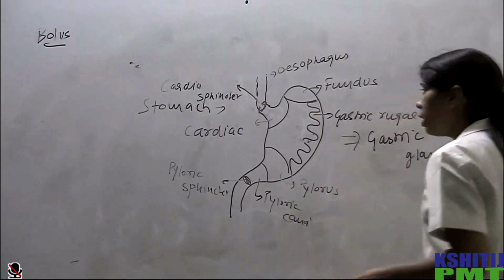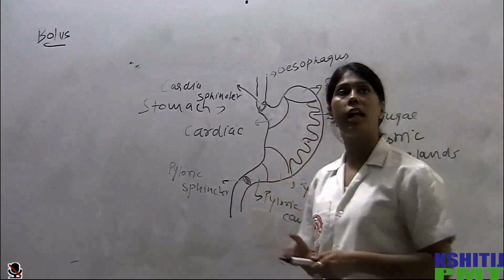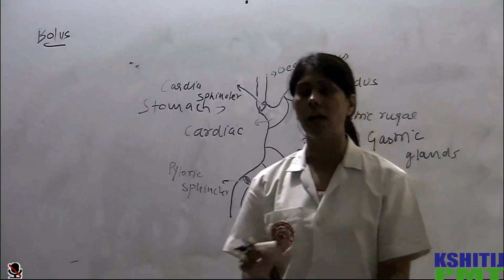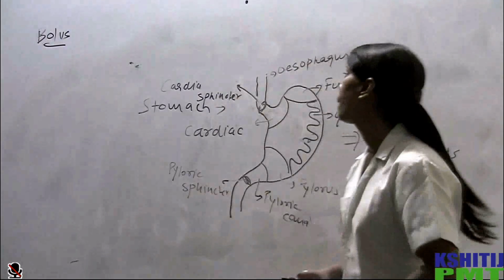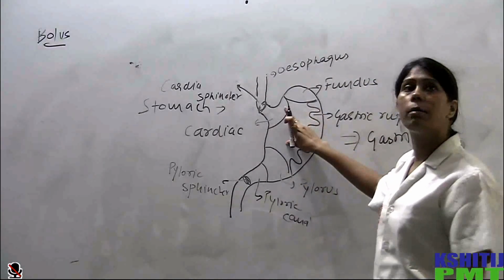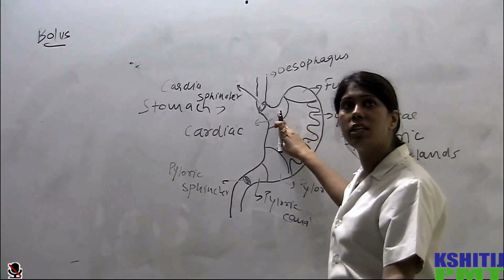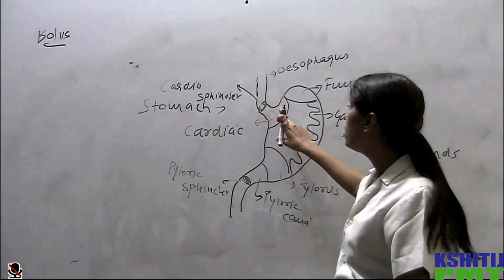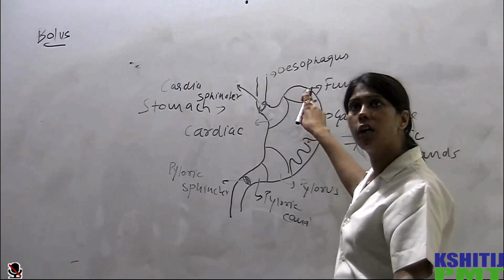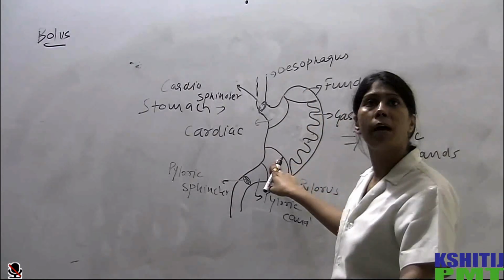In the whole stomach, the glands are present. If they are present in the cardiac part, they are known as cardiac glands; in the fundus part, fundic glands; in the pylorus part, pyloric glands.